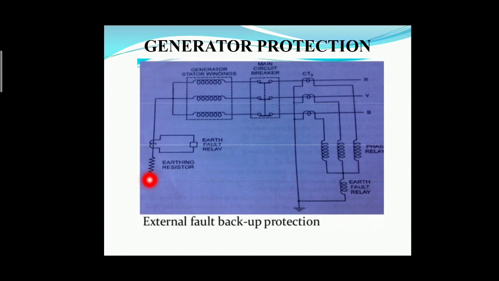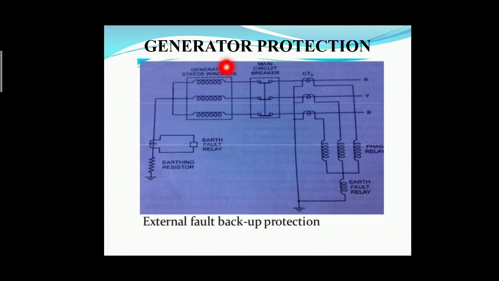We compulsorily add this resistance at the neutral point, at the ground point. If any earth faults are obtained in the line or in the circuit, we adjust this earthing resistance, and by using it, the faults will be rectified.